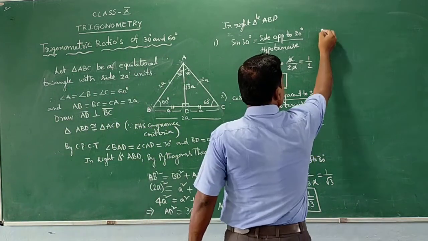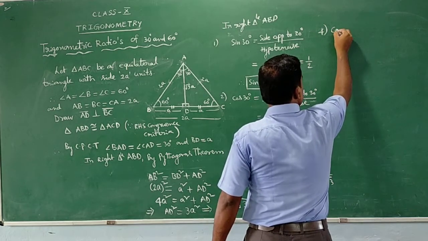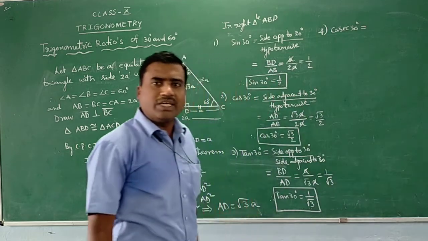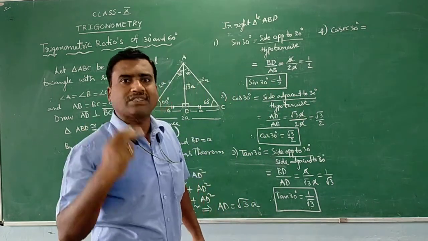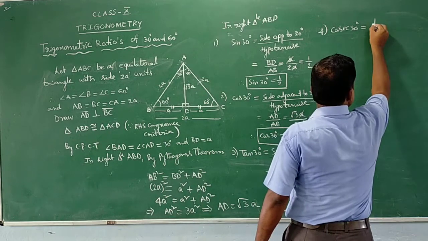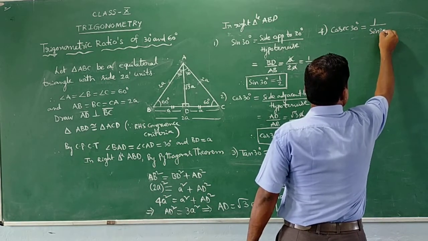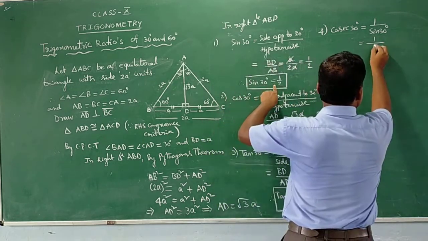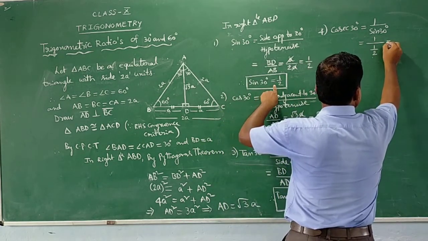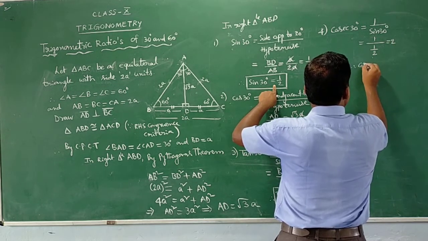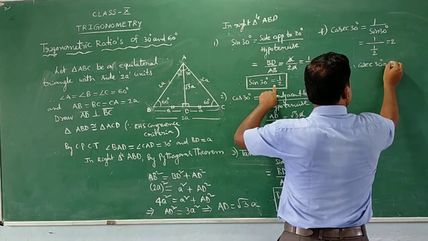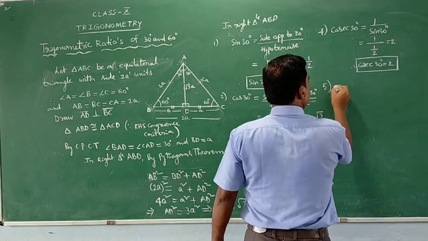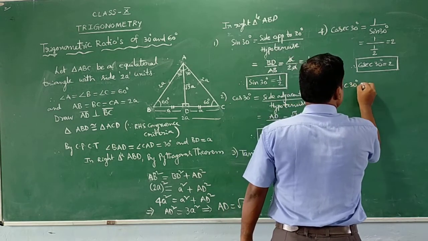Now the fourth one, cosecant 30 degrees. Cosecant theta is equal to 1 by sin theta. Therefore, cosecant 30 degrees is equal to 1 by sin 30 degrees, which is 1 by 1 by 2, equal to 2. Now the fifth one, secant 30 degrees.